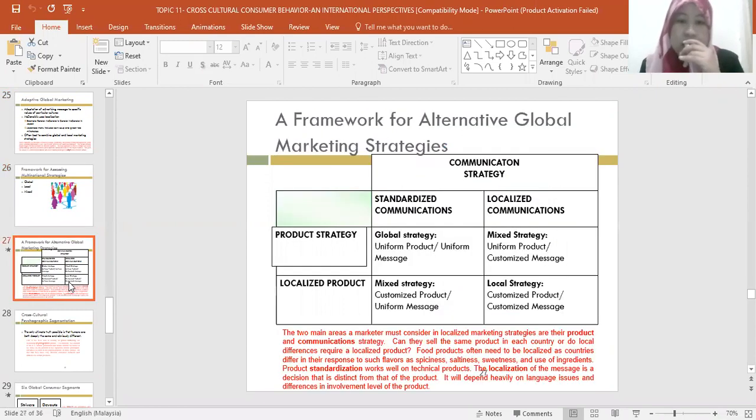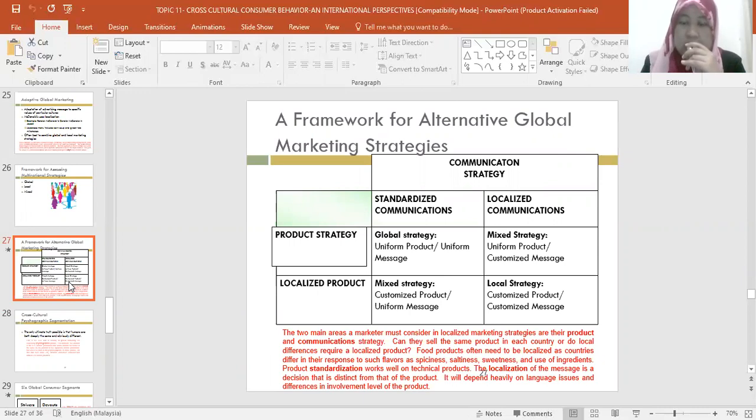Alright, so in here we have the framework for the alternative global marketing strategies. We have two dimensions here: communication strategy and also product strategy. Okay, we have localized products. So when you go for global strategy, uniform products, uniform message.